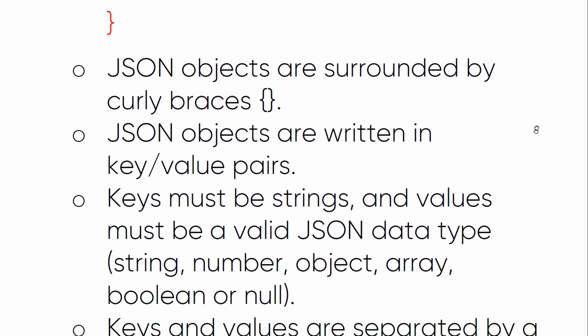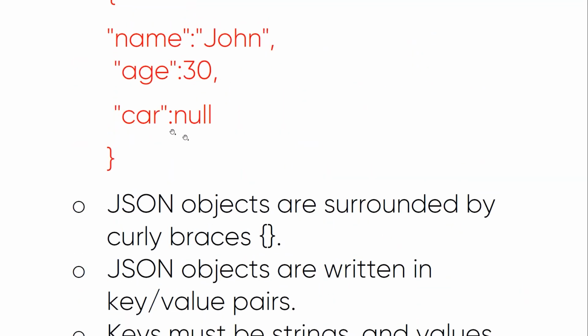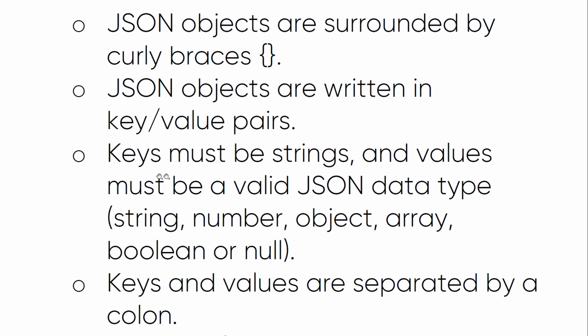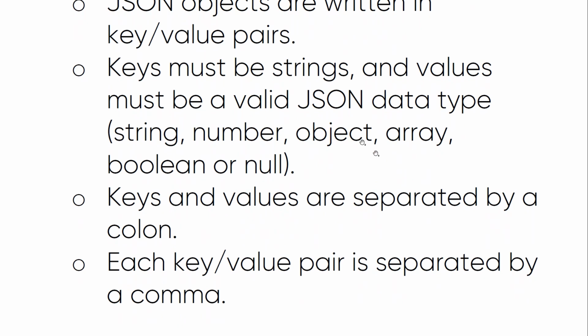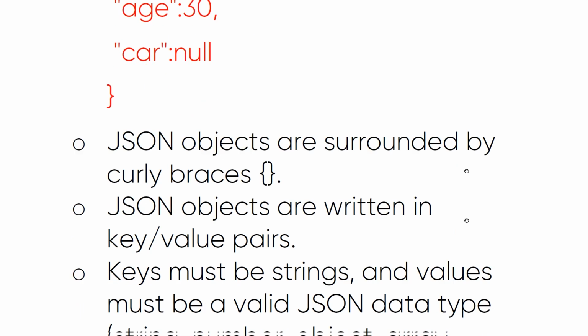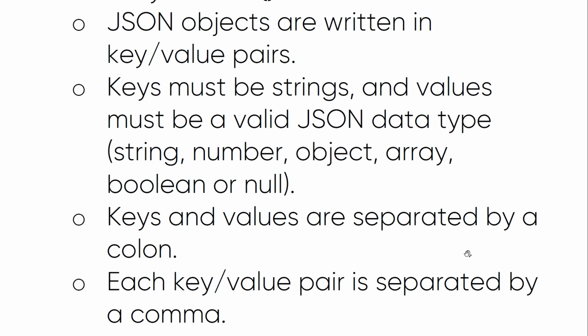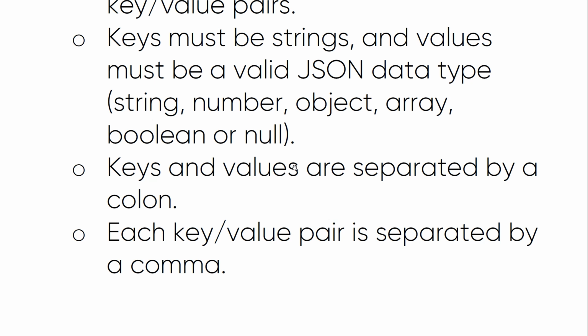JSON objects are written in key value pairs: key value, key value, key value. Keys must be strings and values must be a valid JSON data type: string, number, object, array, boolean, or null. You see, guys, even though this is an object, we can make an object inside the object of JSON. This is called nested objects. The keys and the values are separated by a colon.